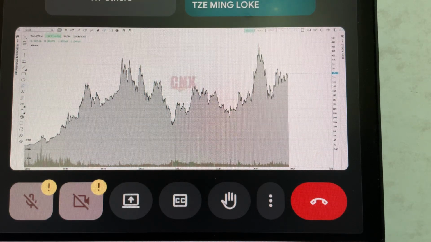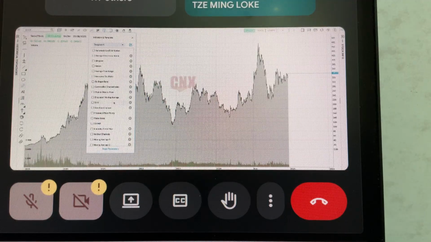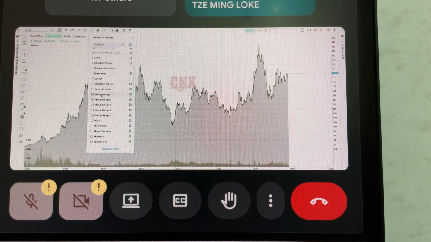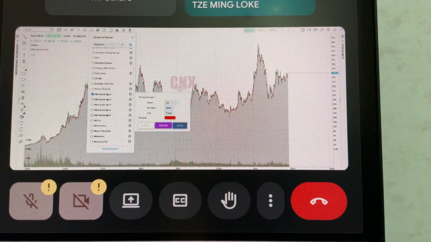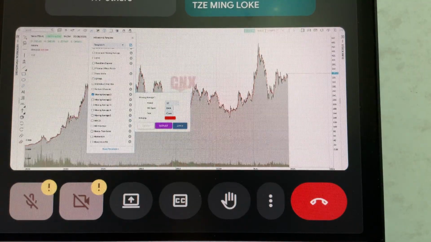If you want to get the moving average, you just click on the tool here, and then you choose moving average. When you choose it, they will ask you how many days of average you want. To tell you the truth, there is no magic number. Some people say, okay, I use 30 days.